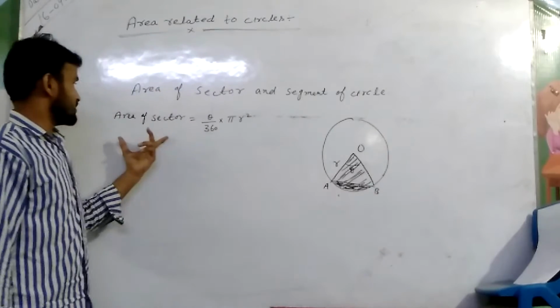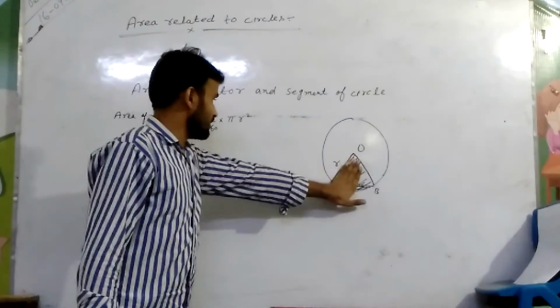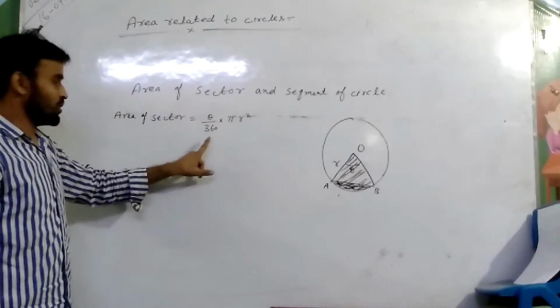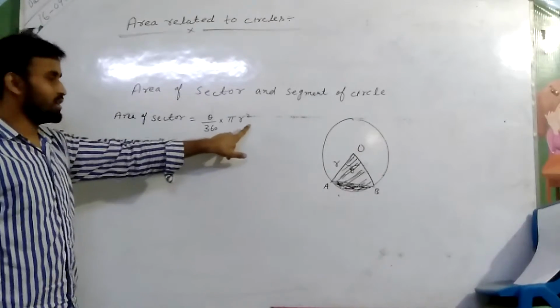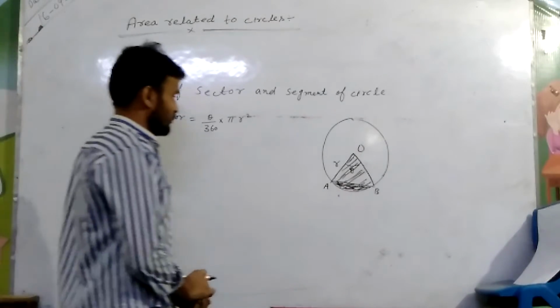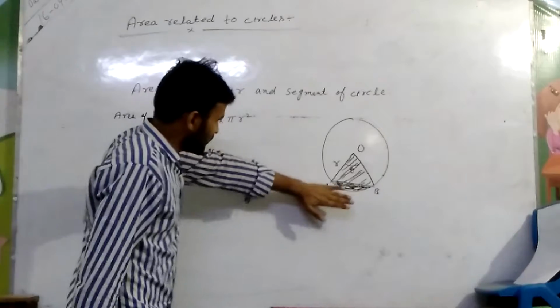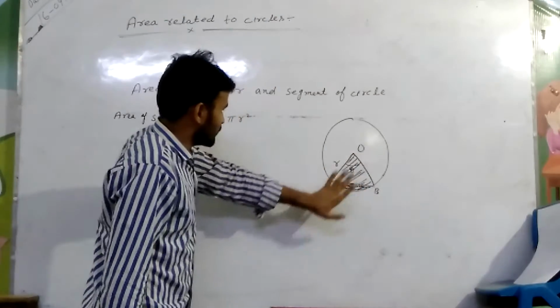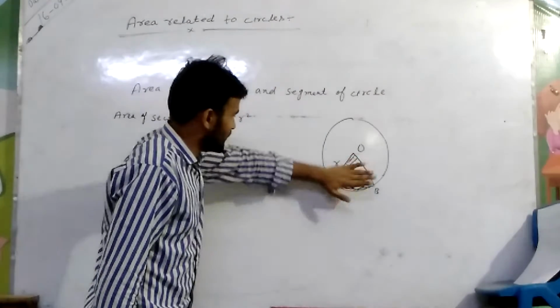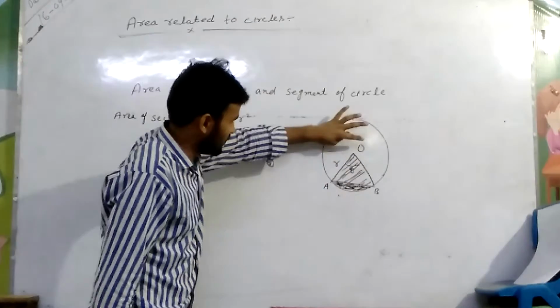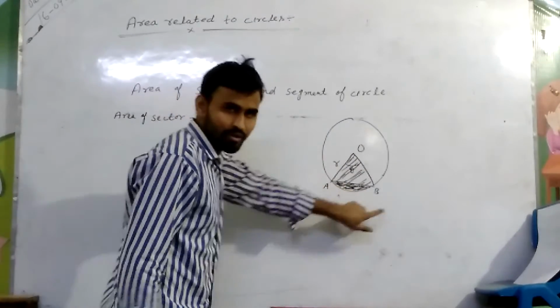We already studied that the area of a sector is equal to theta upon 360 into pi r square. Now we can see that the area of a segment is equal to the area of the sector minus the area of triangle OAB.